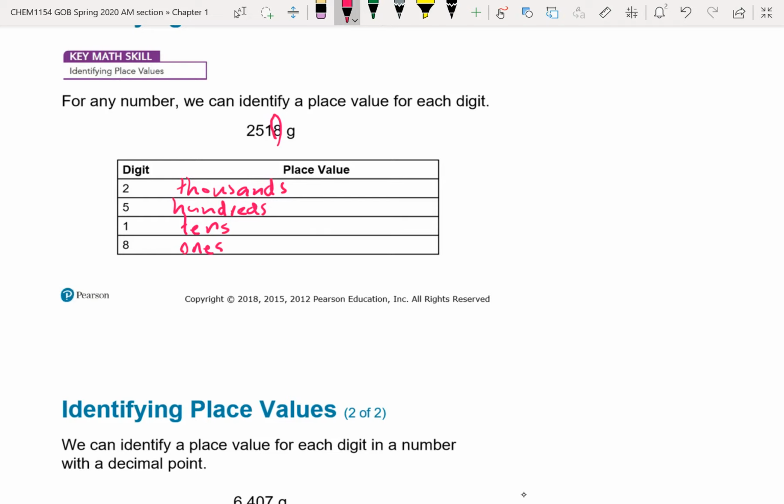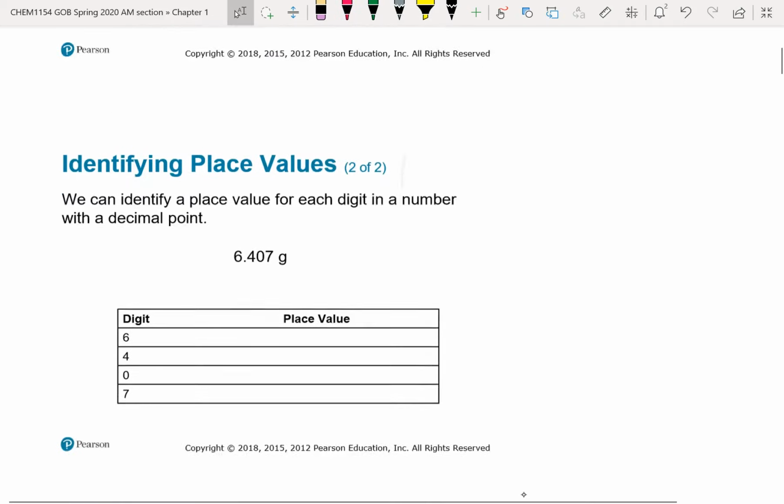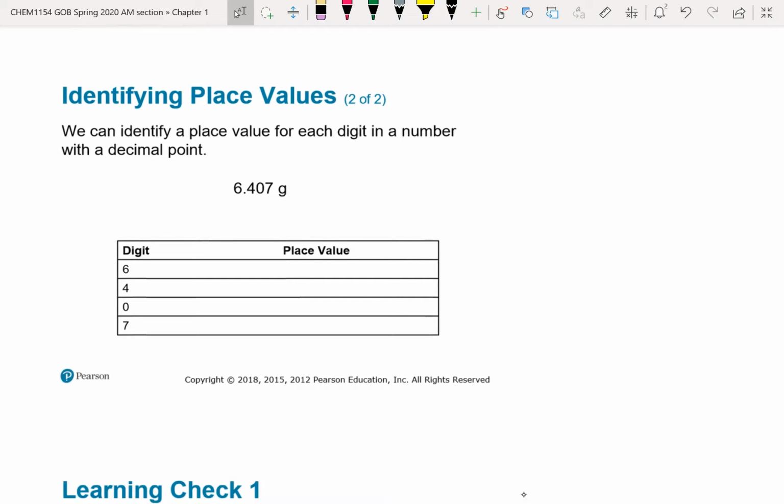So those are relatively big values. What about smaller values? So we have 6.407. All right, so the 6 here, as we just saw from the previous one, would be the ones. And now we get to the decimal point, and then the places after the decimal point.